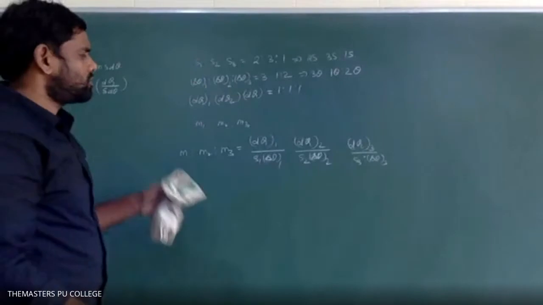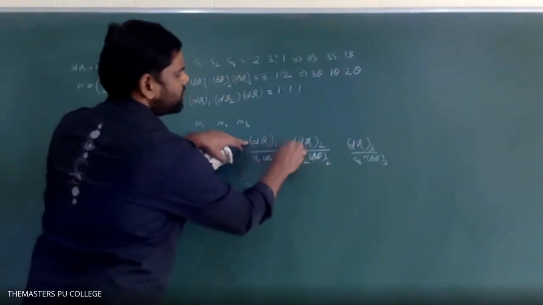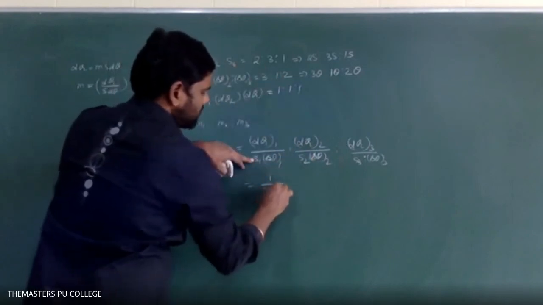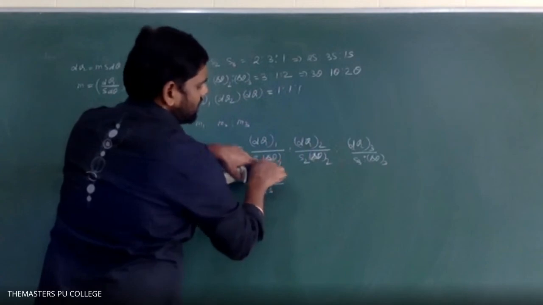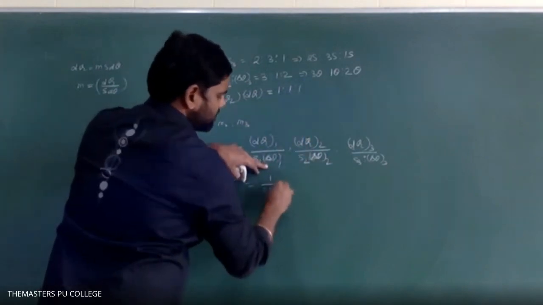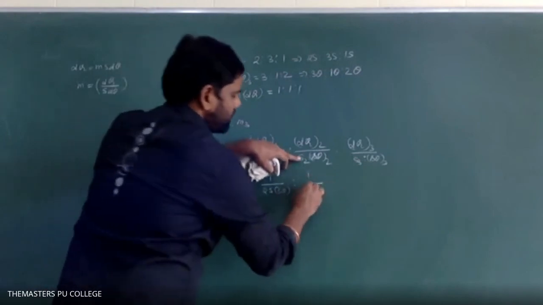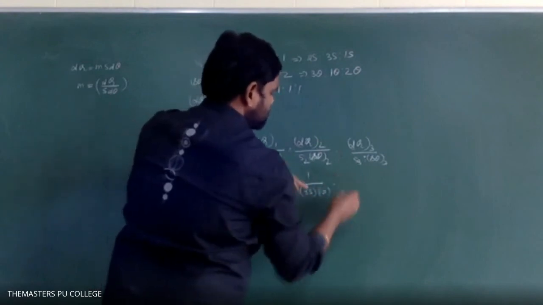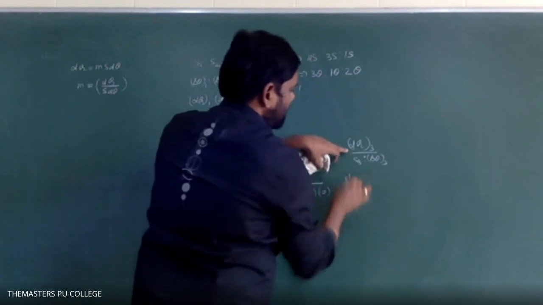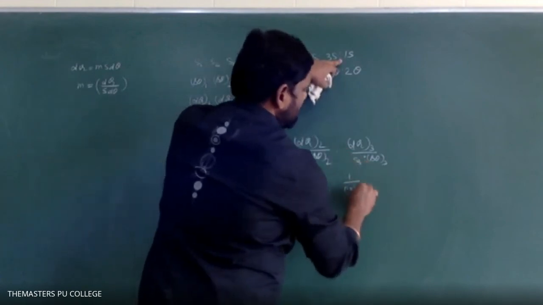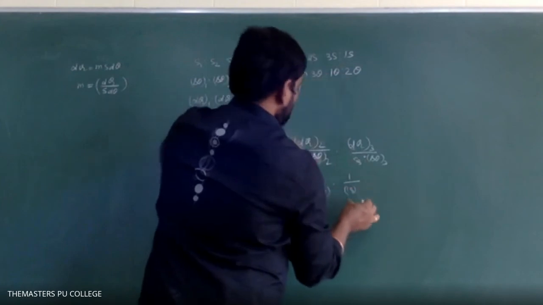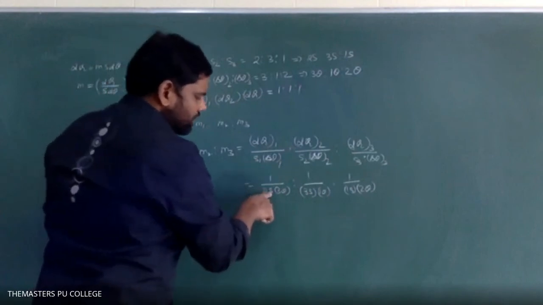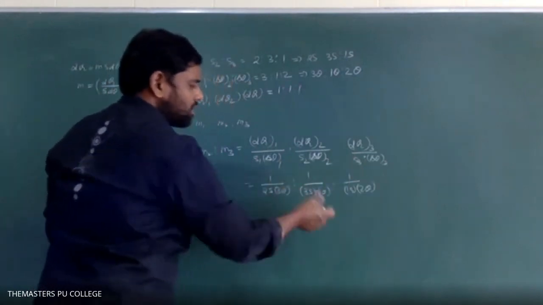Yes, sir. So substitute this value. dq1 is to dq2 is to dq3 means 1 divided by s1, where s1 is nothing but 2s, of delta theta 1, which is 3 theta; next 1 divided by s2, which is 3s, of delta theta 2, which is 1 theta; then 1 divided by s3, which is 1s, of delta theta 3, which is 2 theta. In the denominator, s theta is common among all the terms, so we can eliminate that.